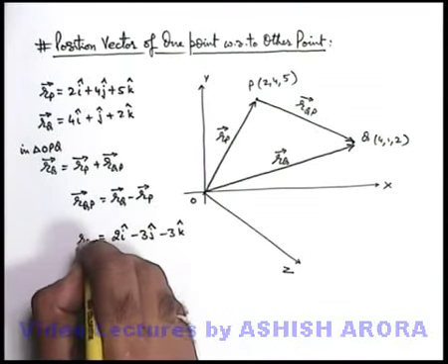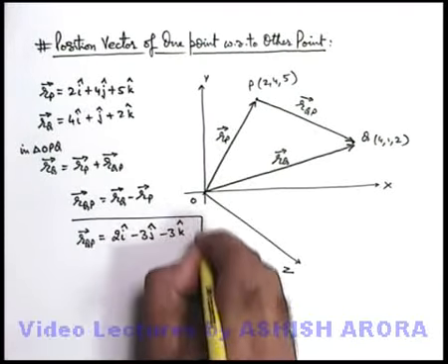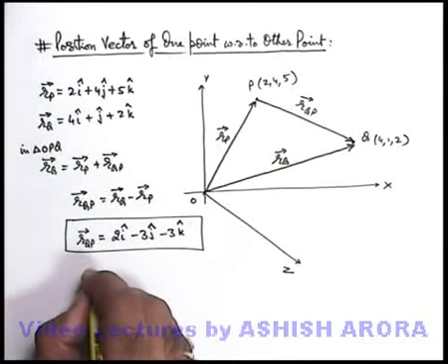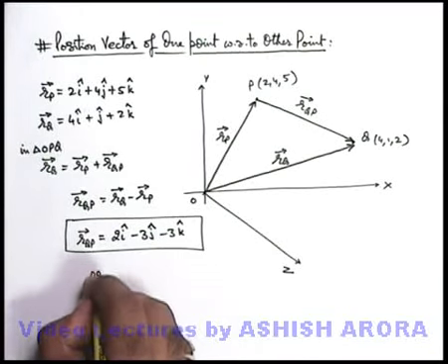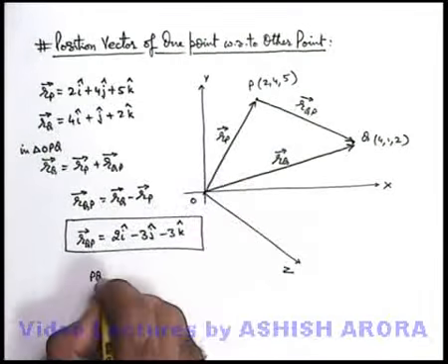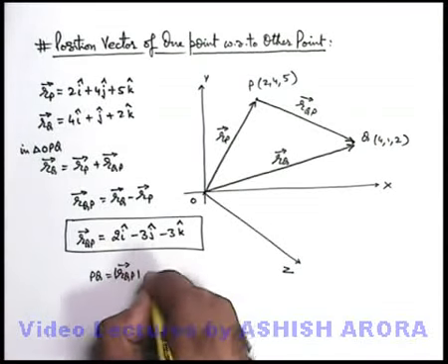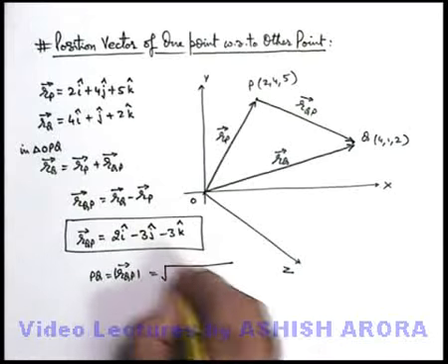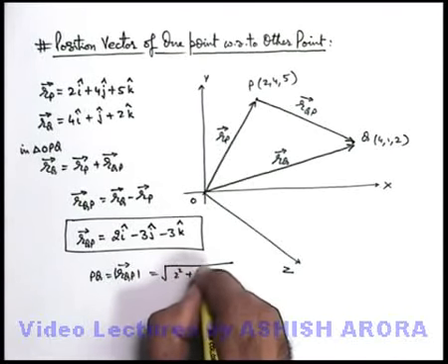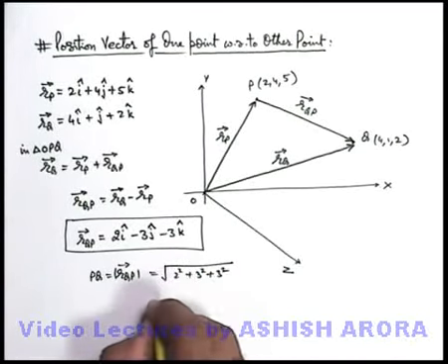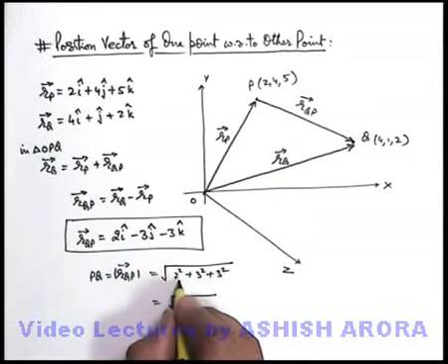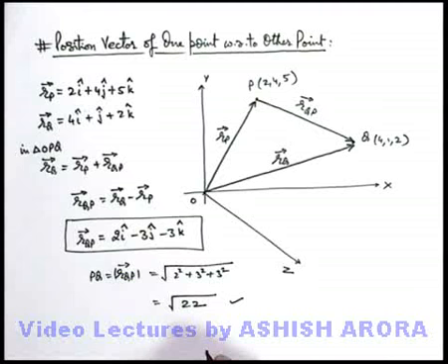So this is the position vector of point Q with respect to point P. If you want to find the magnitude of the distance between P and Q, which is the RQP vector in magnitude, this can be given as the root of 2 square plus 3 square plus 3 square. Here it will be the root of 4 plus 9 plus 9, this is root 22. Be careful about such analysis, it is quite useful in future also.